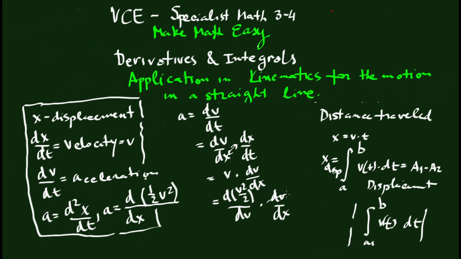So now we can cancel them out, and we get d of v squared divided by 2 by dx.